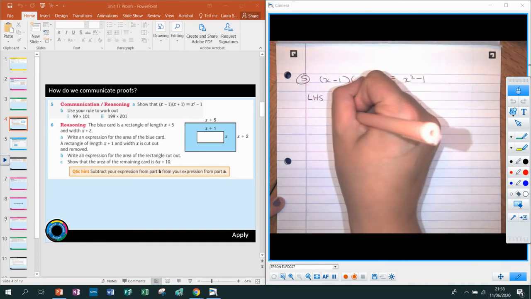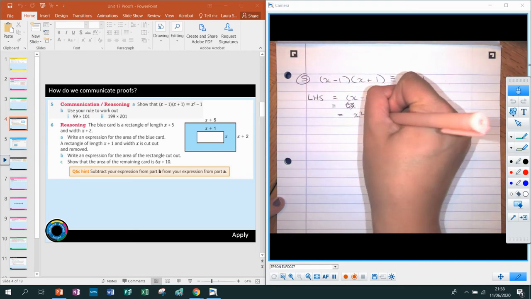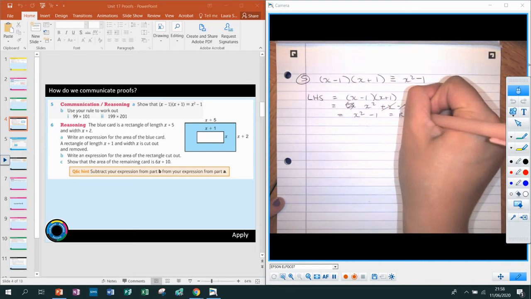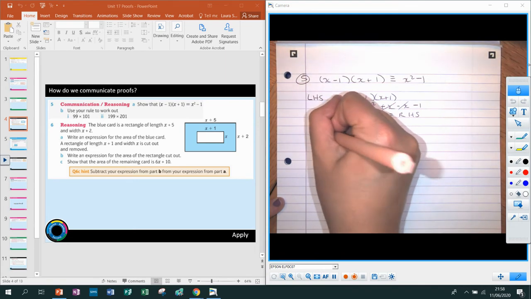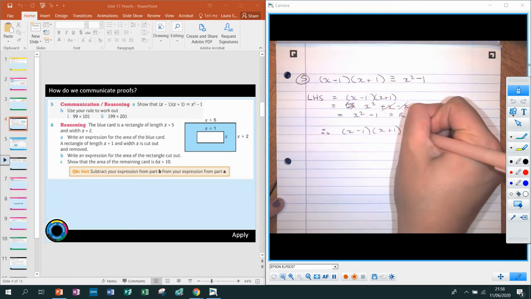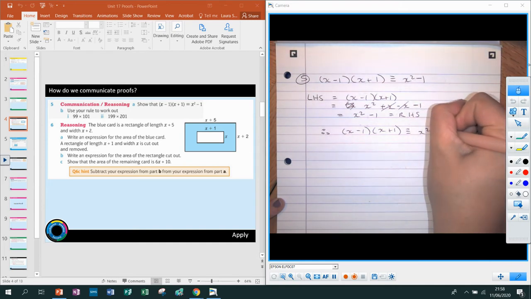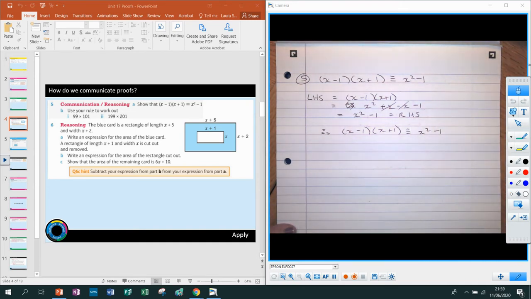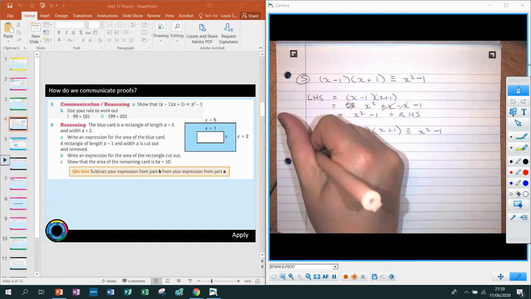Those cancel, and that does indeed give us x squared minus 1, which is equal to the right-hand side. So now we can say, therefore, x minus 1 times x plus 1 is indeed always equal to x squared minus 1. Okay, so that is an identity, and we've shown it.